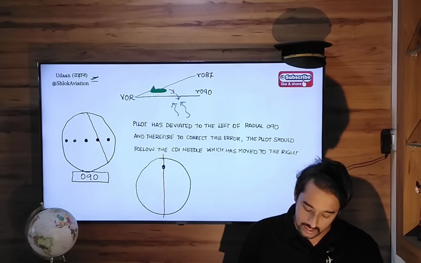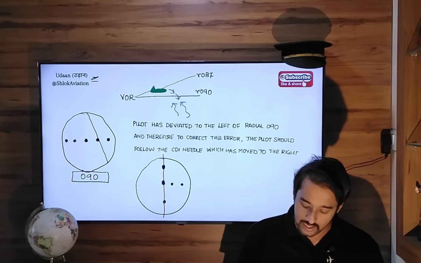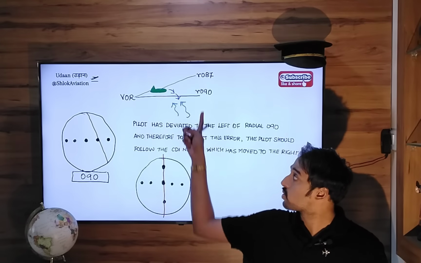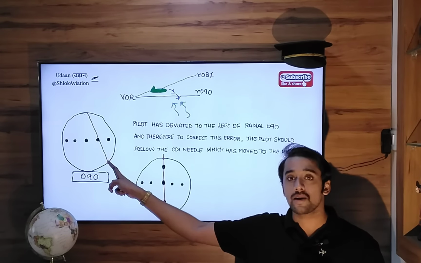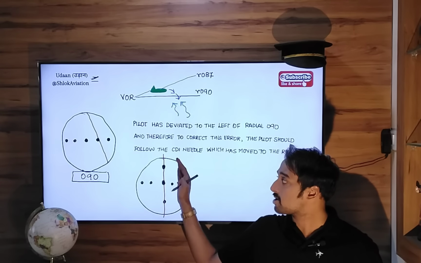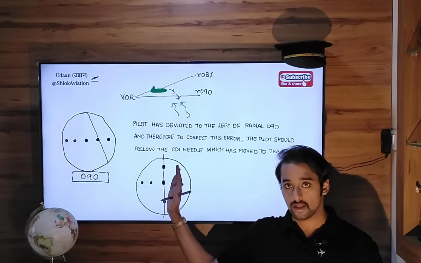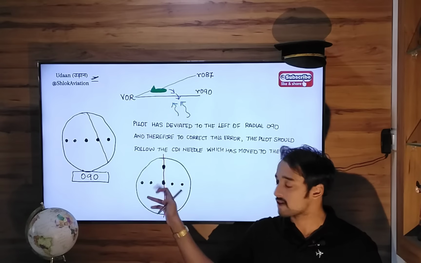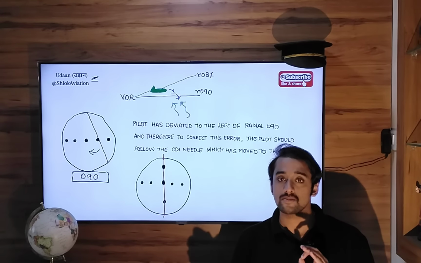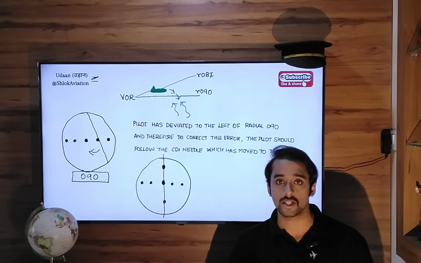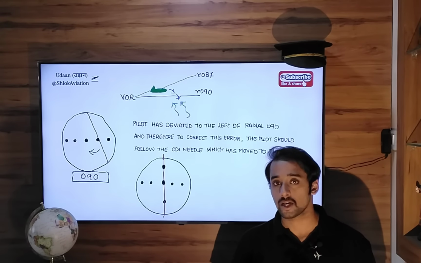So as the pilot starts approaching this radial 090 after taking a right turn, this CDI needle will become activated and it will start moving towards the left hand side, from the right hand side to the left hand side, and on radial 090 it will become centered.